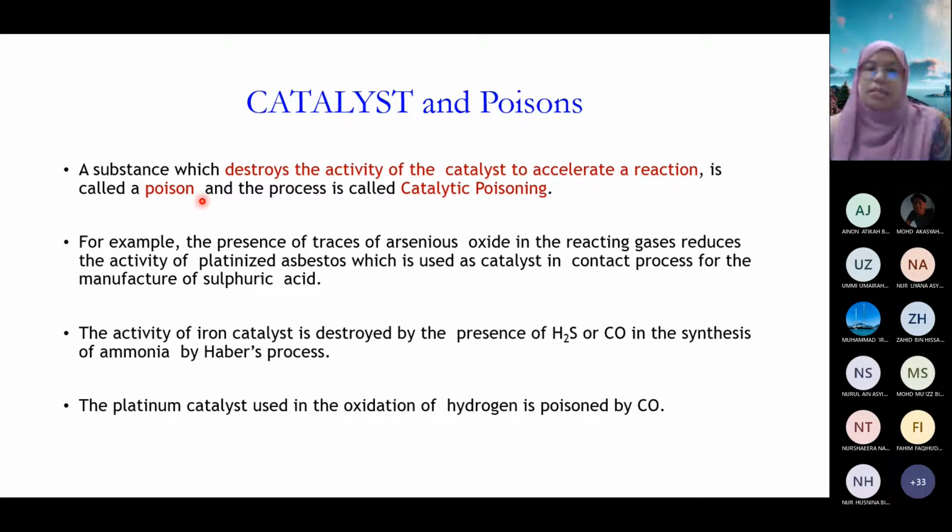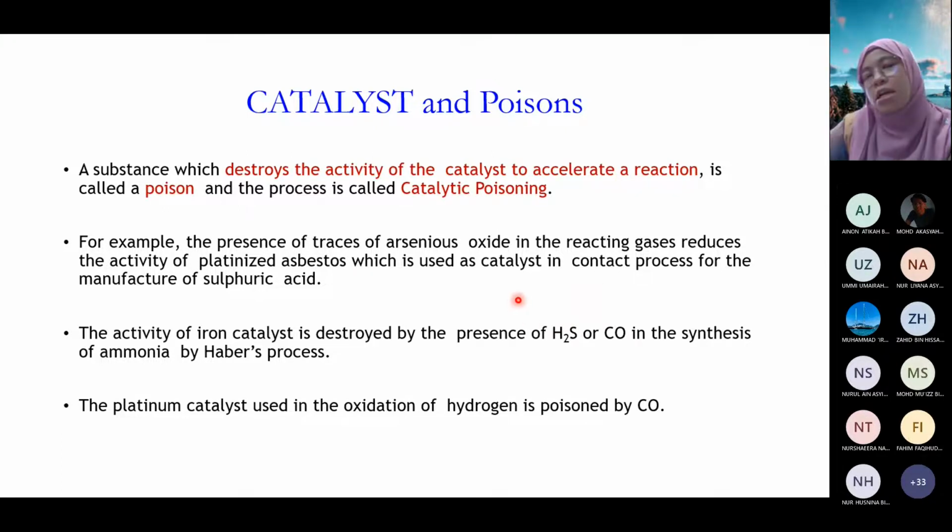And the process is called catalytic poisoning.